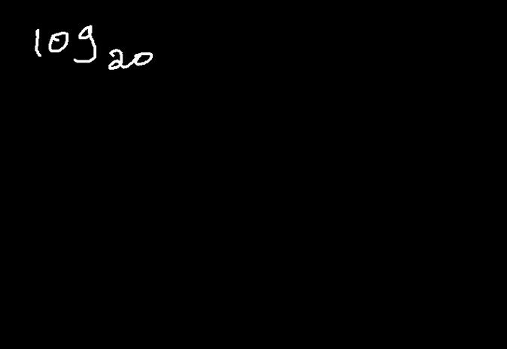Let's say we have log 20 of m, and we wish to express it in terms of base, let's say, 5. The principle remains the same. Express this in terms of the exponential equation.